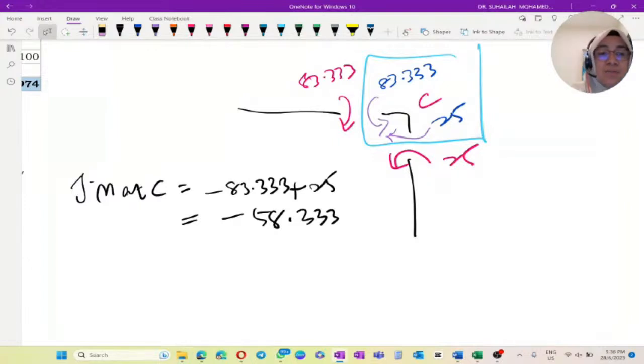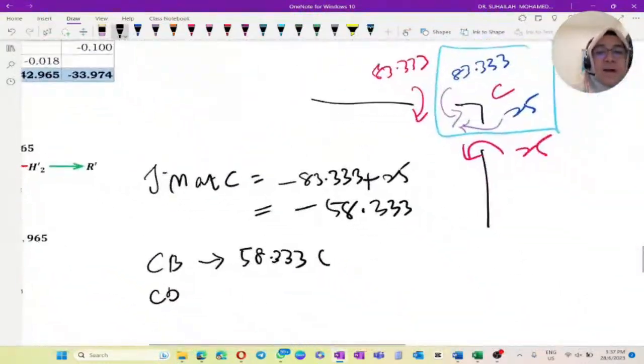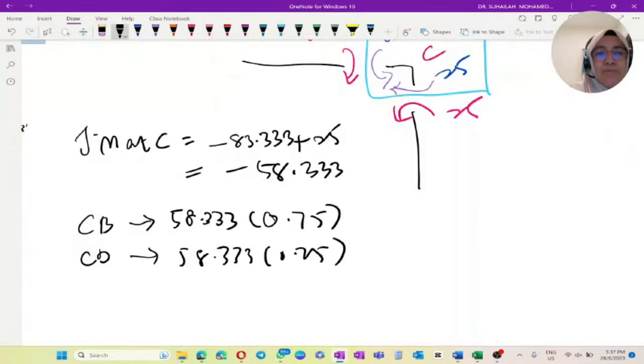This joint moment, negative 58.333, we distribute to CB and CD. We use 58.333 times the factor 0.75, and 58.333 times 0.25.